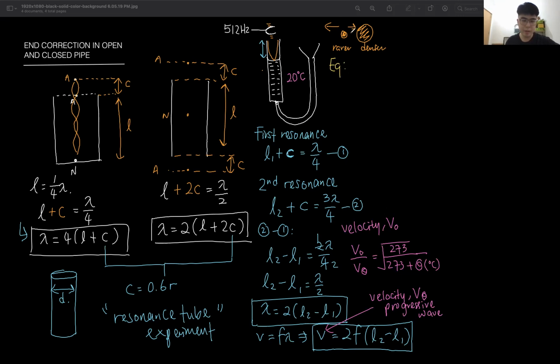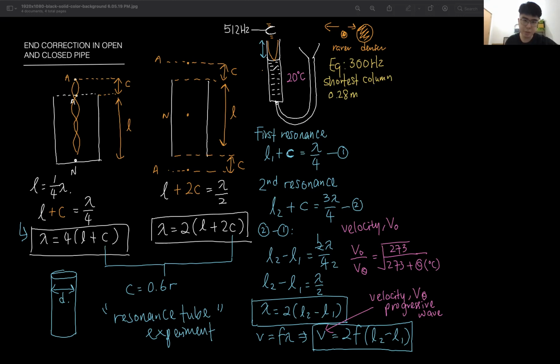A student conducts the experiment. He takes a tuning fork of 300 hertz, places it over the top, and then he hears the resonance. He calculates the length, and the shortest length of the column is 0.28 meter.